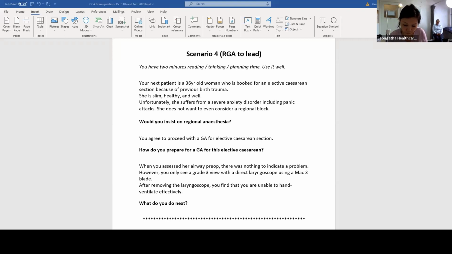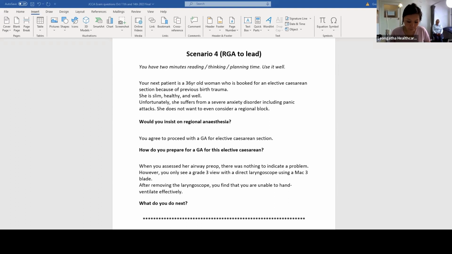I might consider using the D blade. A bougie and a size 7 tube. Backup equipment would include other ETTs of different sizes, a backup LMA of different types and different sizes. I would have the sucker under the pillow and my adjuncts in terms of oropharyngeal and nasopharyngeal airways, and direct laryngoscopes in case my video laryngoscope failed.